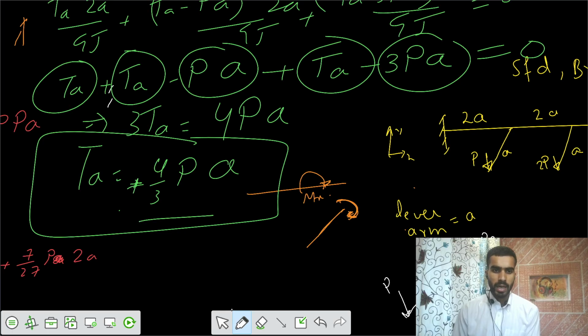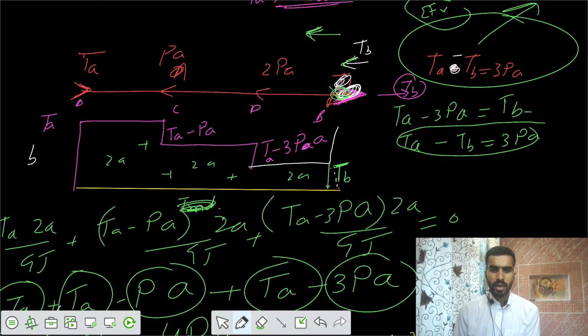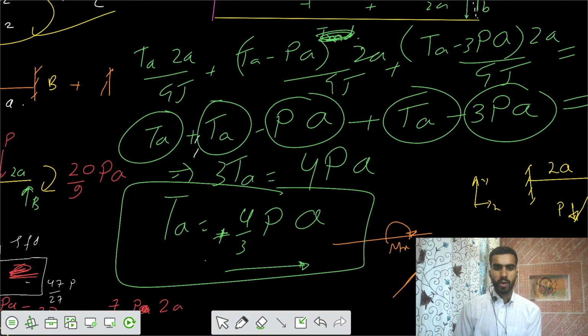That means the direction you assumed for TA, in this direction, means your torque developed is in an anti-clockwise manner. This is your torque developed about the polar axis. So you got the TA value of 4 by 3 PA.